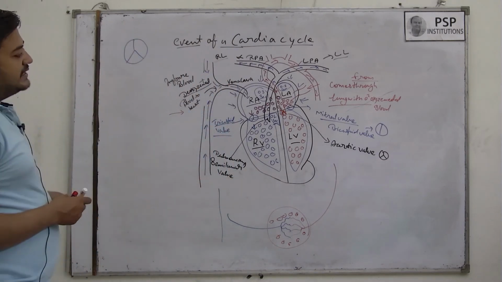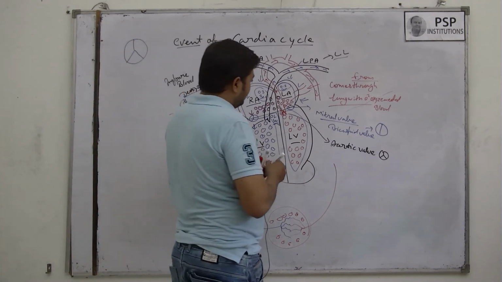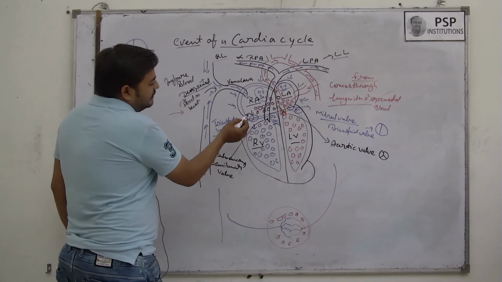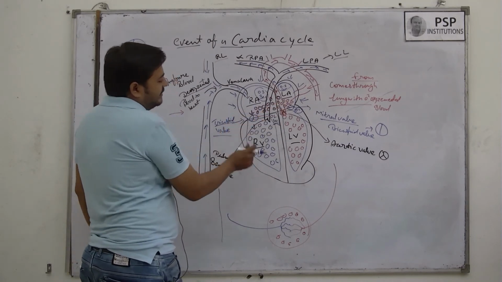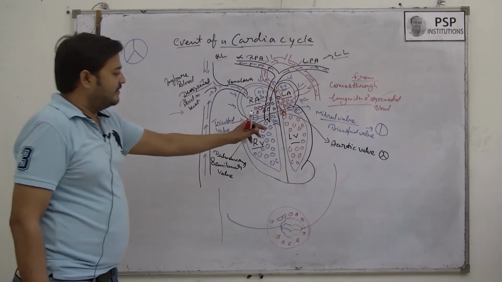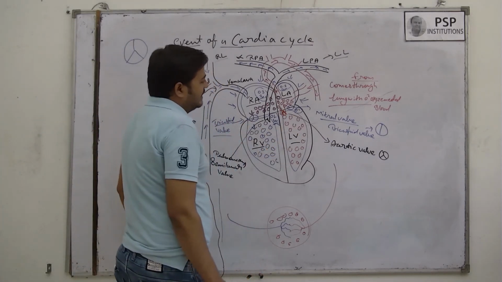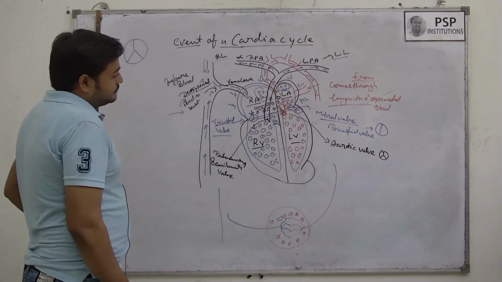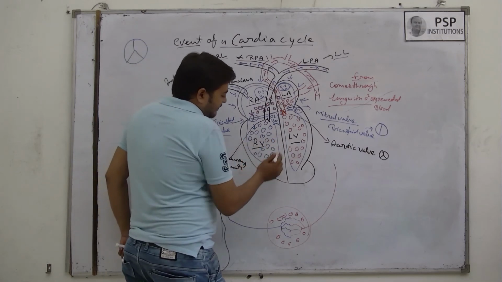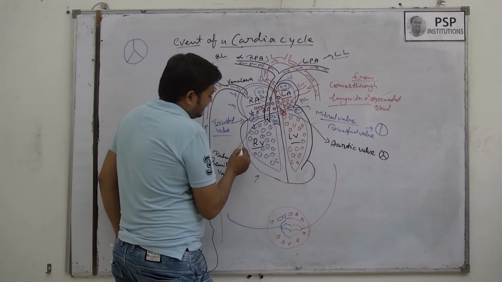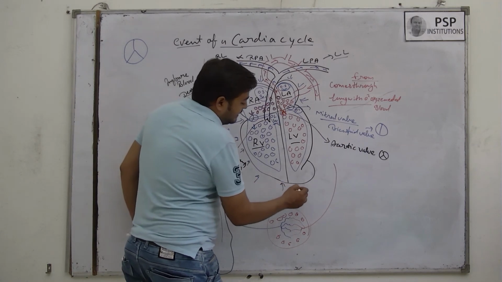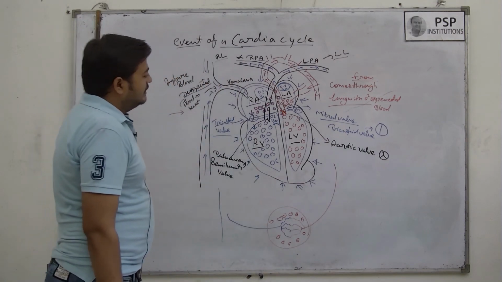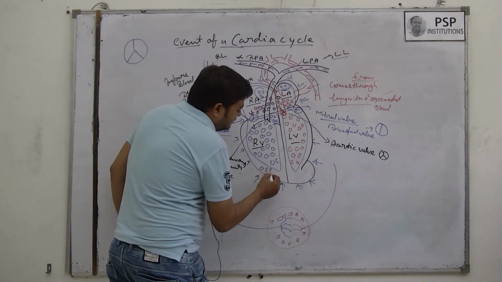So that is the time we discussed, 0.1 second for emptying of the right atrium and left atrium into the right ventricle and left ventricle, and the filling time is 0.3 second. When the right and left ventricles contract or are pressurized, that is ventricular systole, and its timing is 0.5 second.